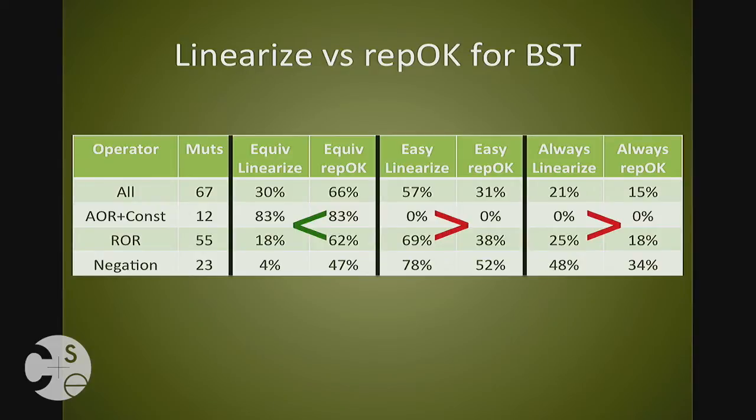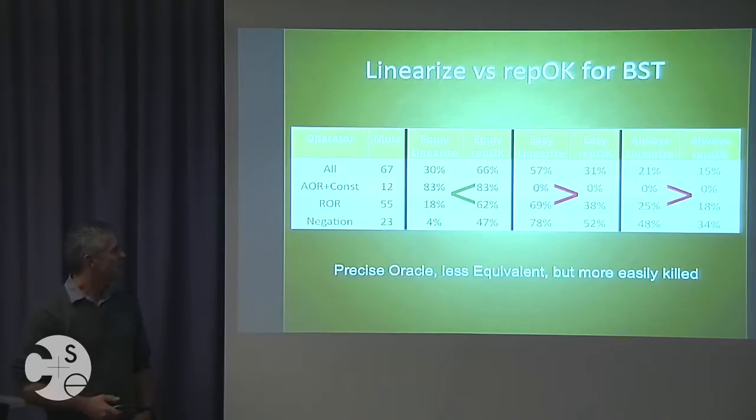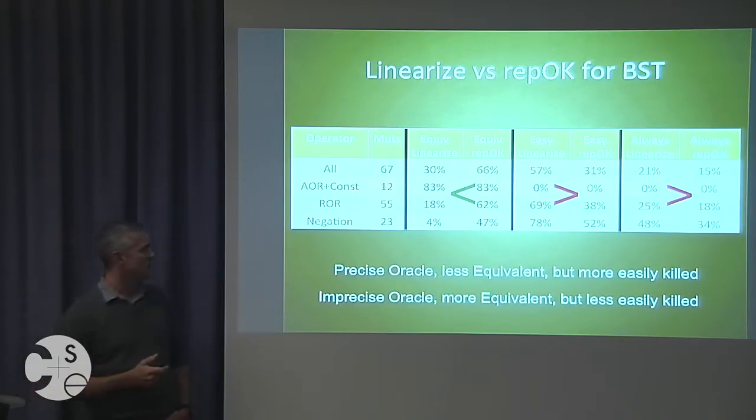So if you have a more precise oracle, then you see that it is in fact going to have more easy to kill and always killed mutants because it can more accurately show the difference, right? So precise oracle less equivalent but more easily killed. Imprecise oracle more equivalent but less easily killed, right? So the snag here, of course, is you would say, gee whiz, really? That's surprising.